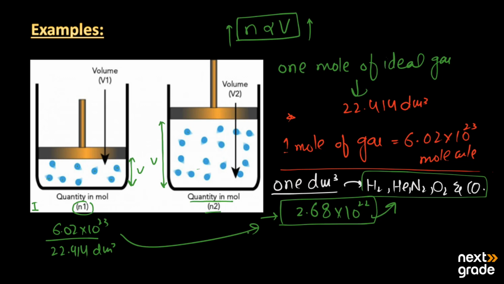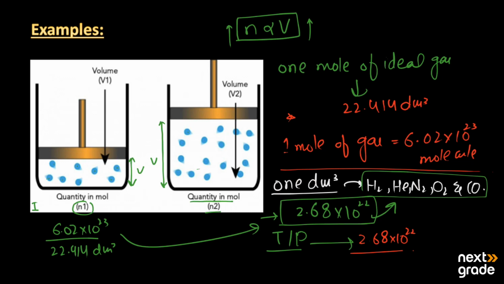Similarly, when the temperature and pressure both change equally for these four gases, the new volume that we gain is the same, 1 dm cube, and the number of molecules will be the same, that is 2.68 into 10 raised to the power 22. So this is a simple explanation of Avogadro's law.